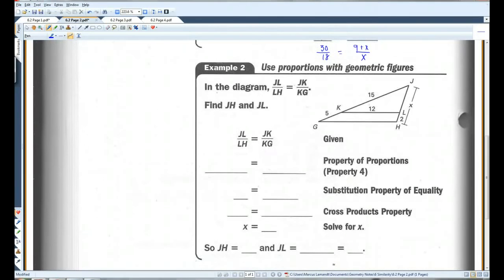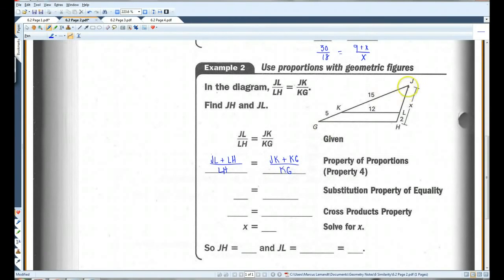Alright, in the diagram, JL over LH equals JK over KH. So I'm going to use one of the properties of proportions, the one where I add JL plus LH, the top plus the bottom, and put it over the bottom. This equals JK plus KH over KH.